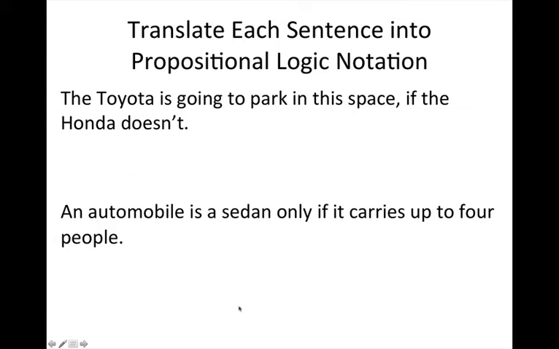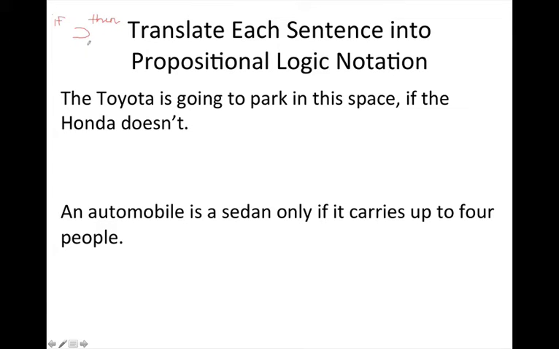Okay, next we have the Toyota is going to park in this space if the Honda doesn't. So I hope that it's clear that this is an if-then sentence. Remember our tips, and I'll put them up here. So the standard translation is whatever comes after the if goes on the left side of the horseshoe, and whatever comes after the then goes on the right side of horseshoe.